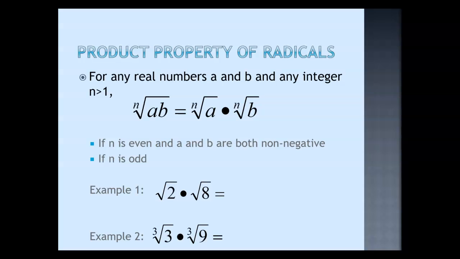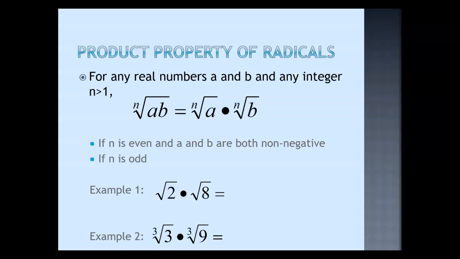The product of radicals. For any real numbers a and b, if you multiply them together, it's the nth root of a times b underneath. That's nothing new. We had that same property when we simplified square roots in chapter 5.